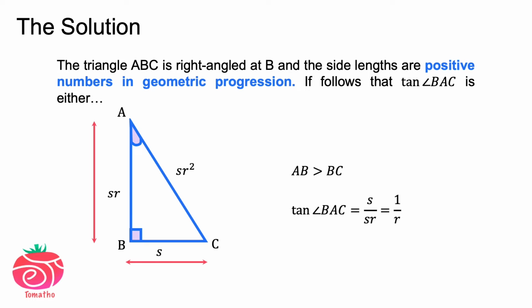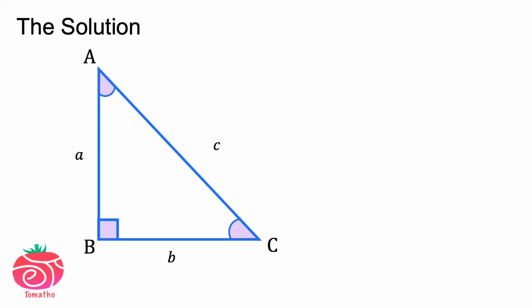So, there are two possible values of tangent BAC, and clearly, we have to find the value of R to get the value of tangent BAC. Well, how can we do that? Remember that this is a right-angled triangle, right? We can use the famous Pythagorean Theorem to obtain another relationship among these sides.